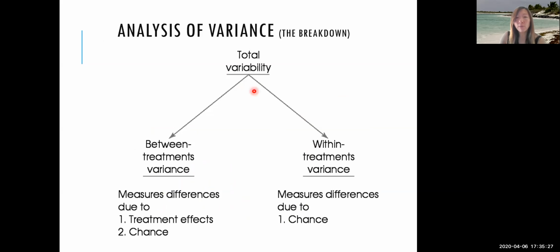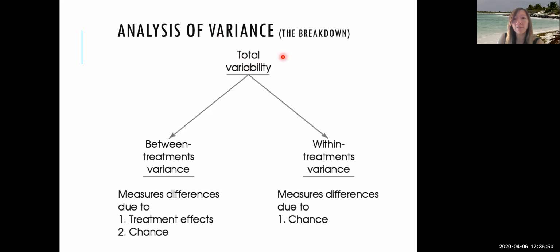So here's the breakdown of the analysis of variance. If we put it in this kind of chart, we have total variability, which just means all of the data that we have is variable. There are two components to analysis of variance.